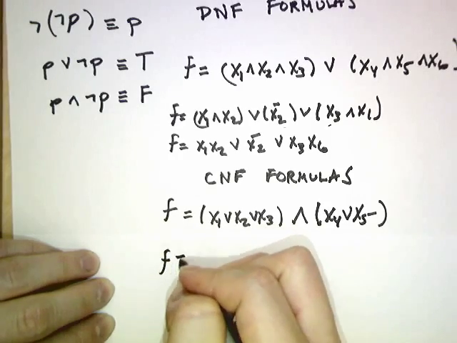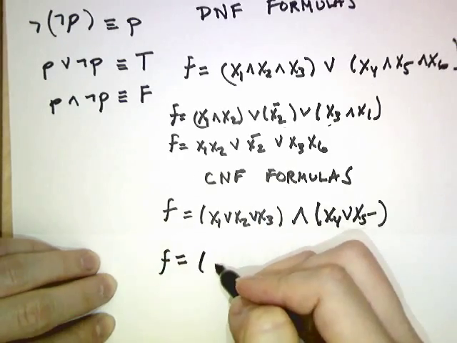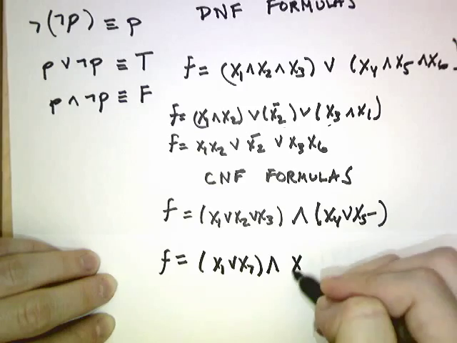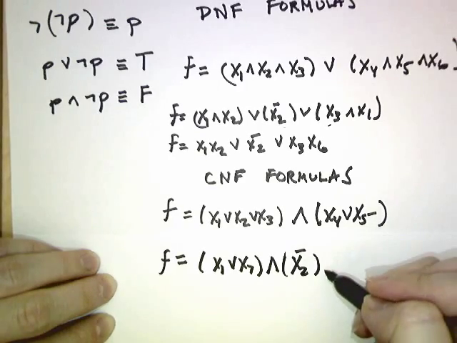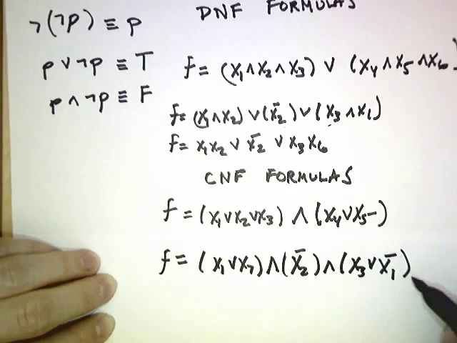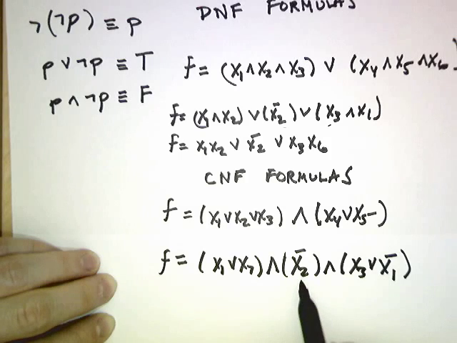I could also write F to be (x1 or x7) and x2 bar and (x3 or x1 bar). Now again, this x2 bar can be thought of as an OR because any literal is sort of an OR of size 1. It's also an AND of size 1. But here we have the AND of three ORs. Here's the first OR, here's the second OR, and here's the third OR. This is a CNF formula.